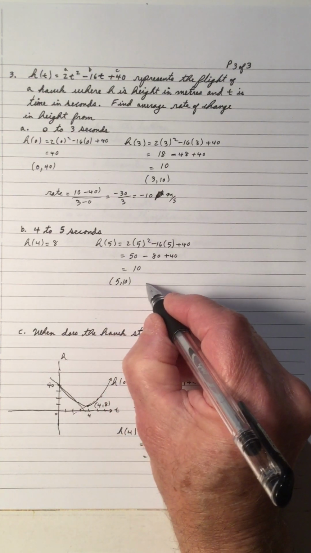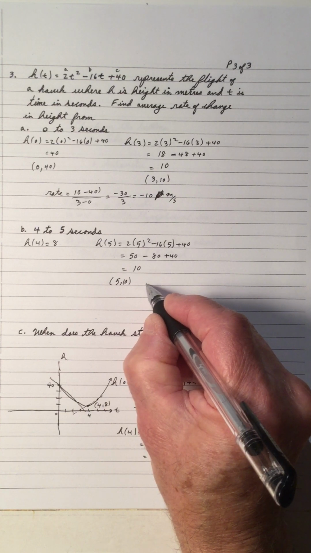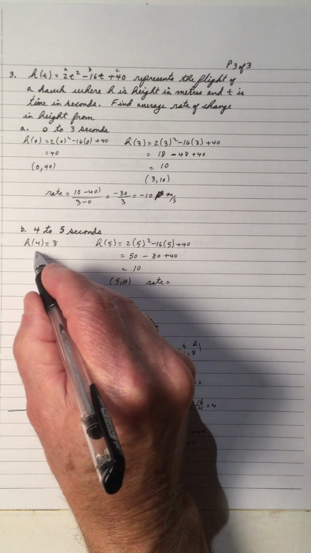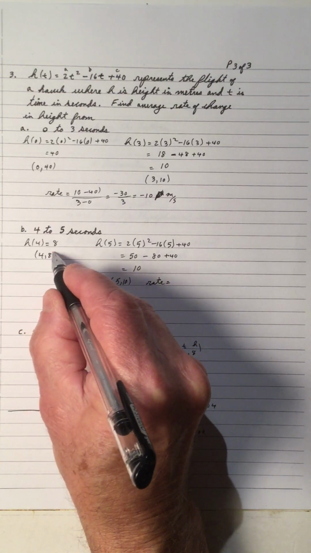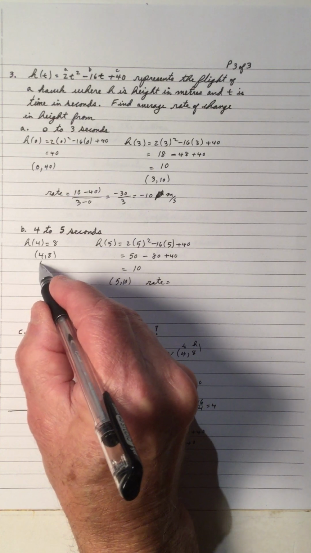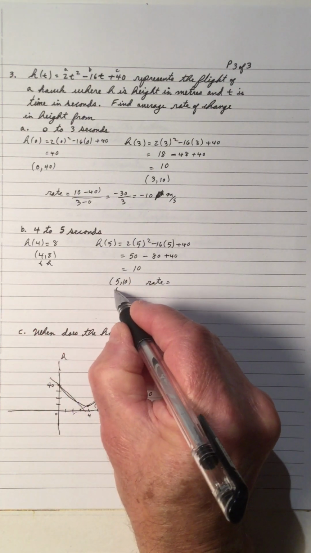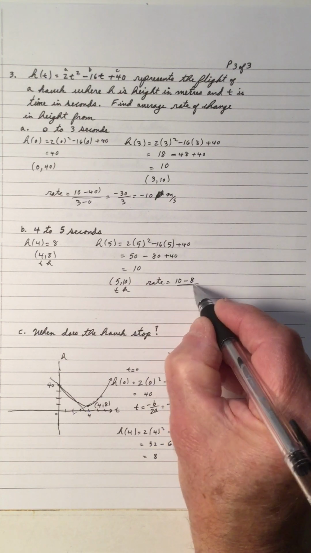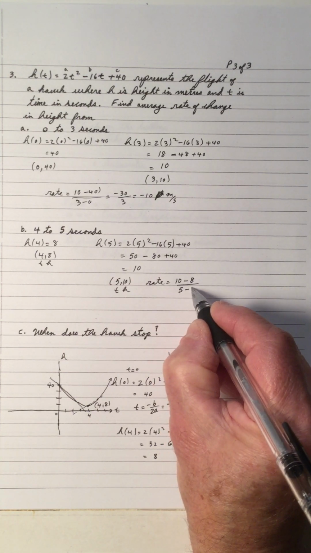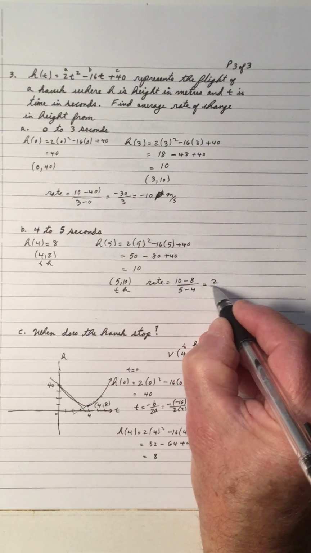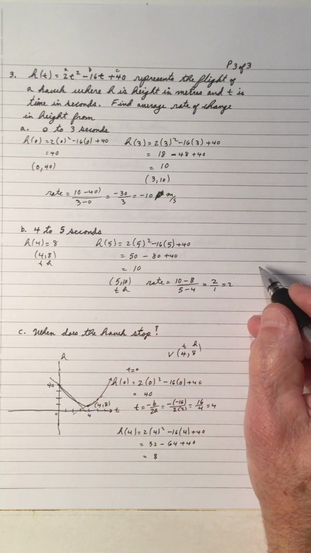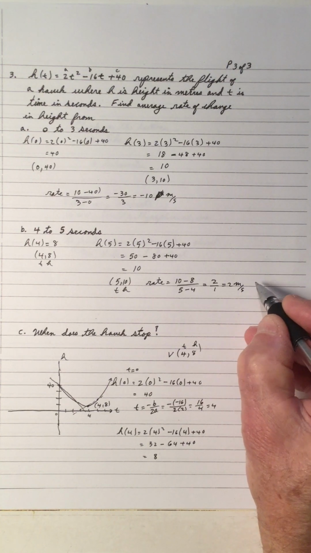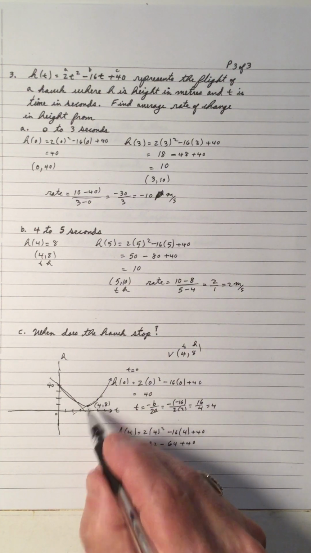And so what's the rate of change in the height? So the rate is, let's look at this point here, which is 4 comma 8, just write it as an ordered pair. Remember, this is t and this is h. So it's 10 minus 8 over 5 minus 4. 2 over 1 or 2. So the rate of change is 2 meters per second, going from 4 seconds to 5 seconds.